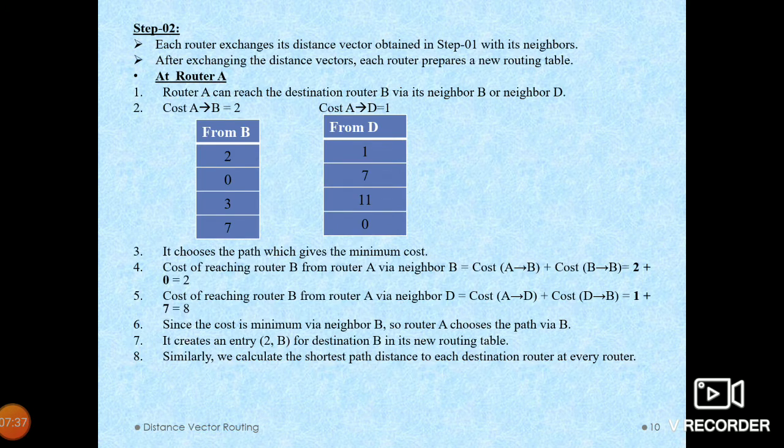In the fourth point, I have calculated the minimum path to reach B. That is A to B is 2 and B to B is 0, that is 2. And similarly, we can reach B through D, that is 1 plus 7, 8. So 2 is minimum, so we move on with 2 here.